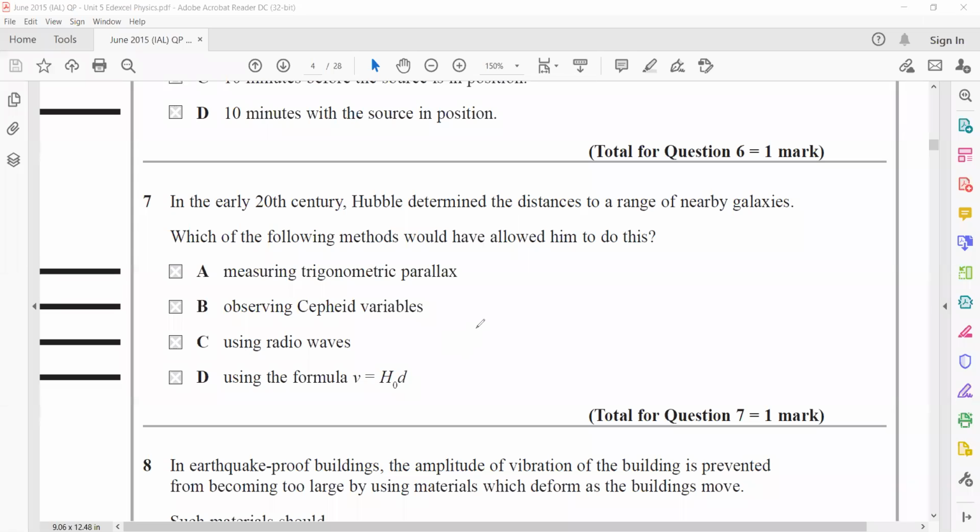In the early 20th century, Hubble determined the distance to a range of nearby galaxies. Which of the following methods would have allowed him to do this? What he did, he used Cepheid variables. Using those Cepheid variables, Hubble obtained enough observations and plotted a graph of the light curve and determined the period, and using the brightness of these Cepheid variables, he was able to calculate the distance to nearby galaxies.